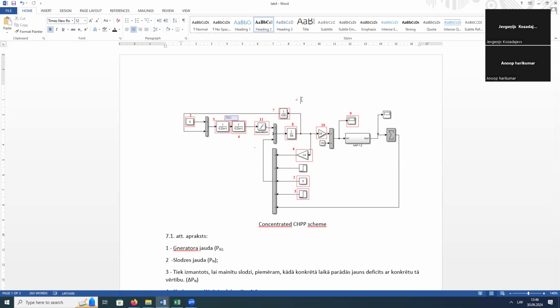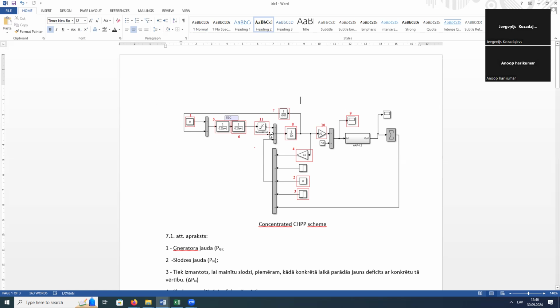Let's start with the easiest scenario, when we have again only one type of power generation. The first scheme here is where the concentrated generation is from the CHPPs.